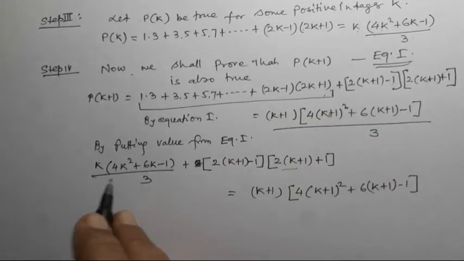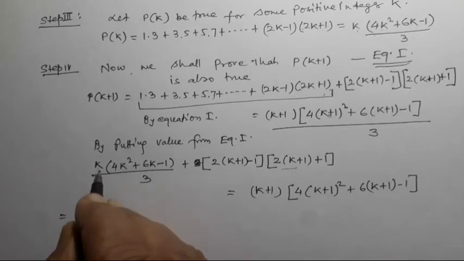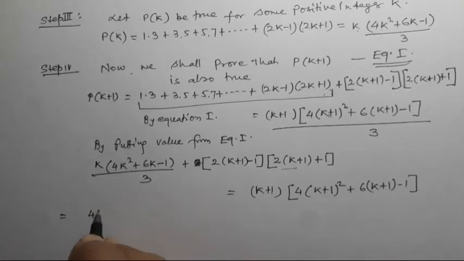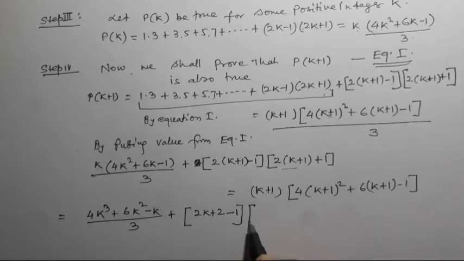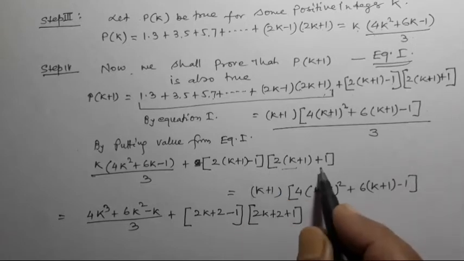So we shall write 4k square times k means 4k cube plus 6k square minus k by 3, plus 2k plus 2 minus 1 into 2k plus 2 plus 1 up to LHS.